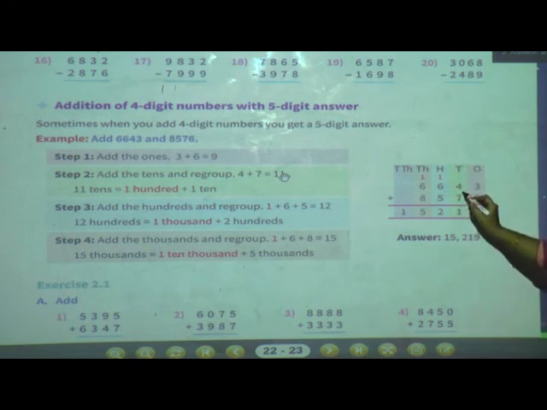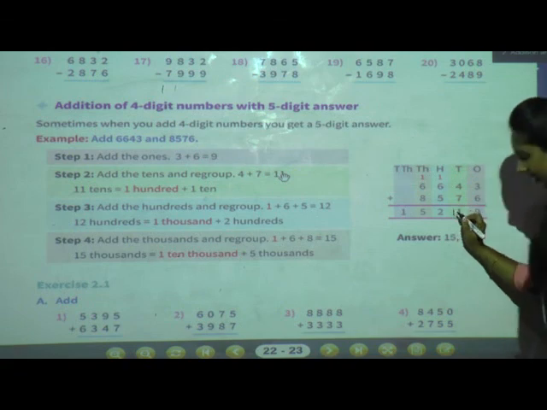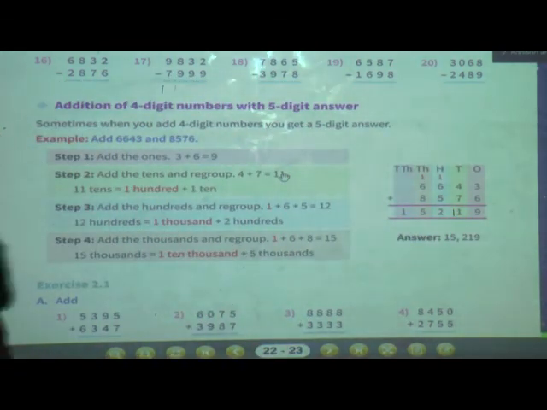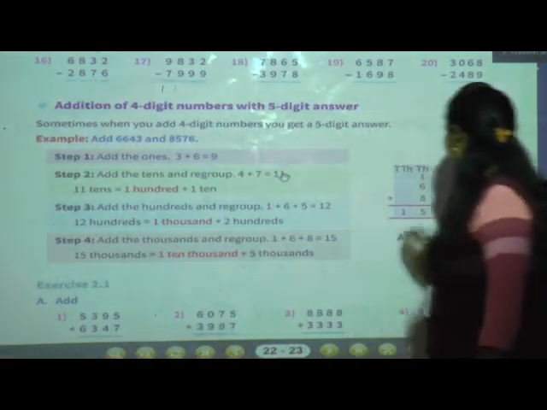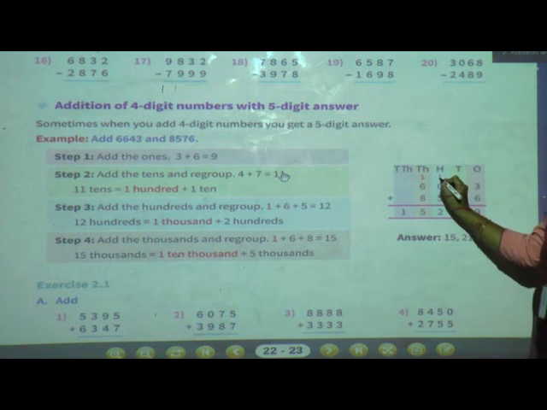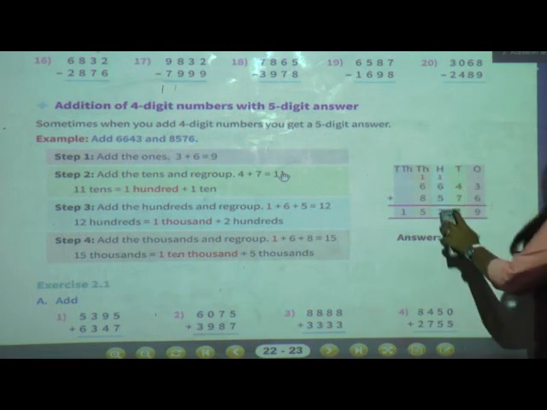What is there on tens place? 4 plus 7. So 4 tens plus 7 tens, it becomes 11 tens. Now 11 tens, what we have to do? 1 we have to write on tens place and 1 should be carried to hundreds place.